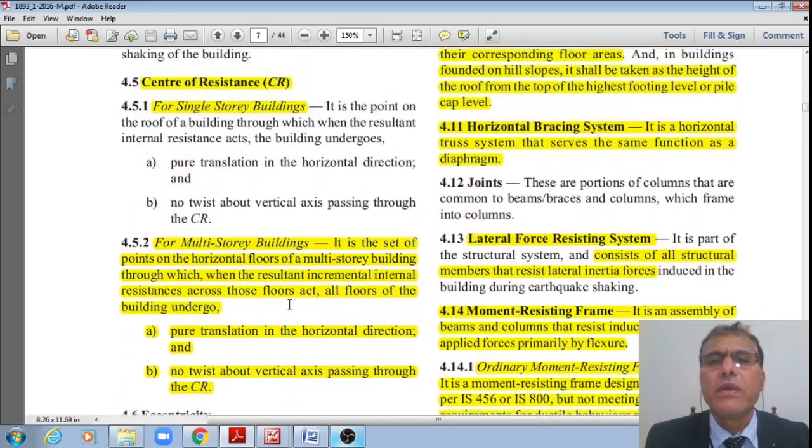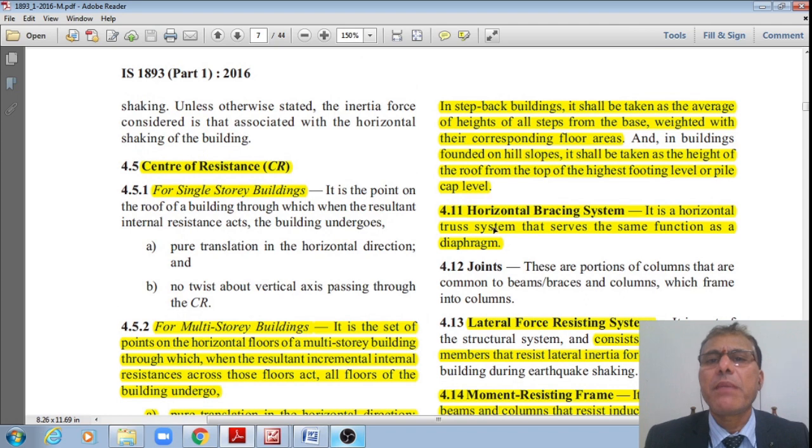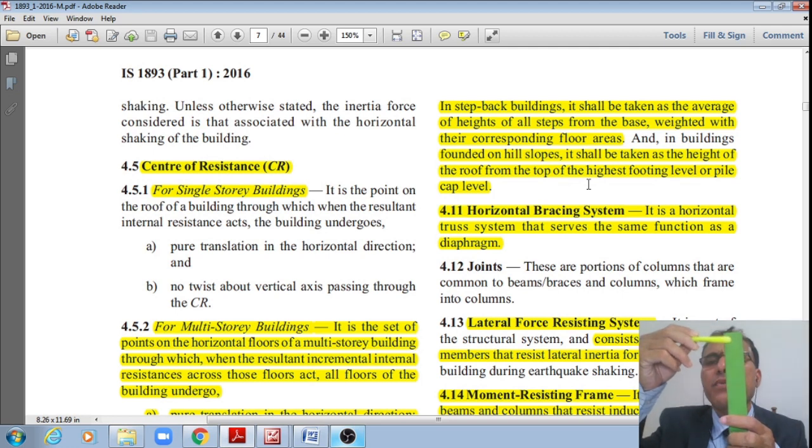Now, next one is in step back buildings, we'll see in the next photograph what a step back building is, student. H shall be taken as the average height of all the steps from the base, weighted with their corresponding floor areas. And in buildings founded on hill slopes, it shall be taken as the height of the roof from the top of the highest footing level to the pile cap level.